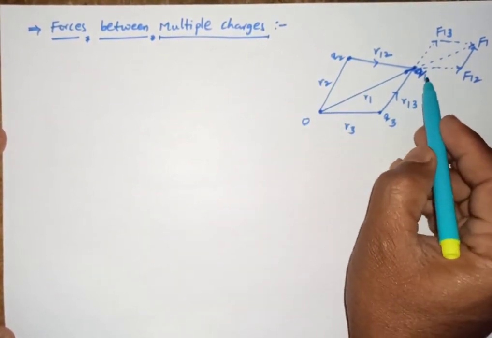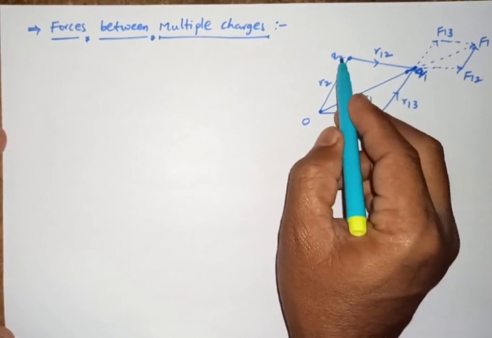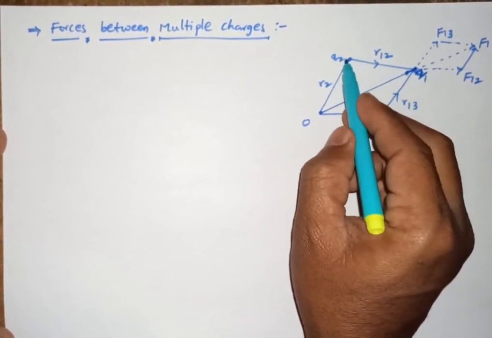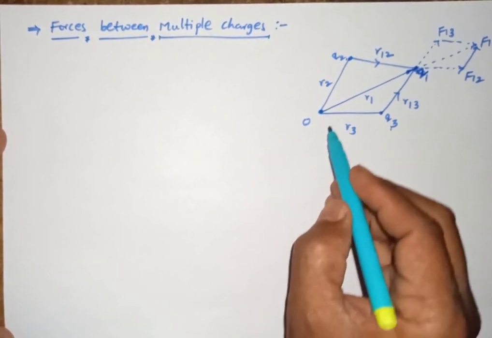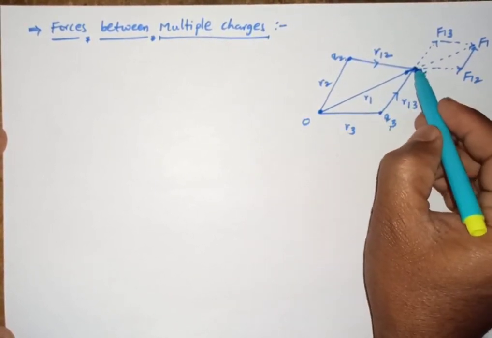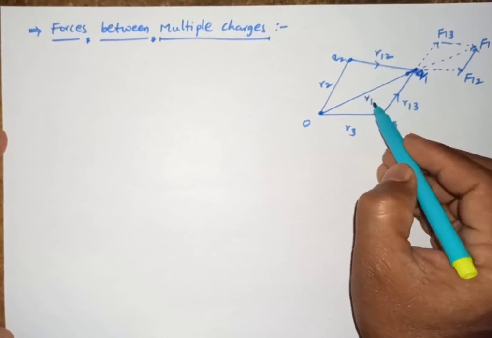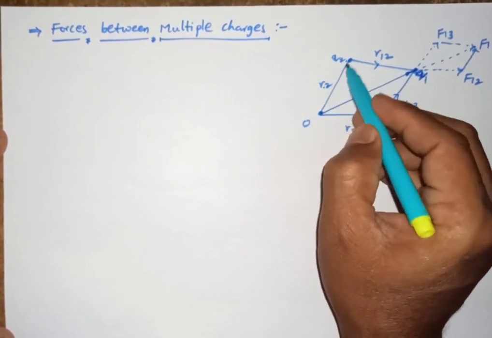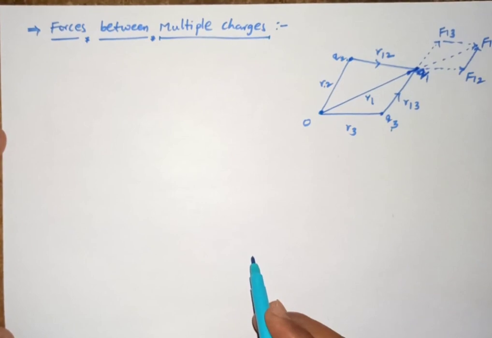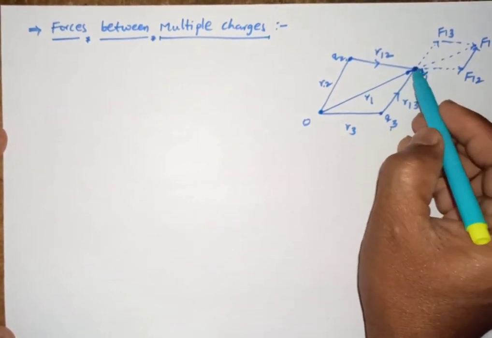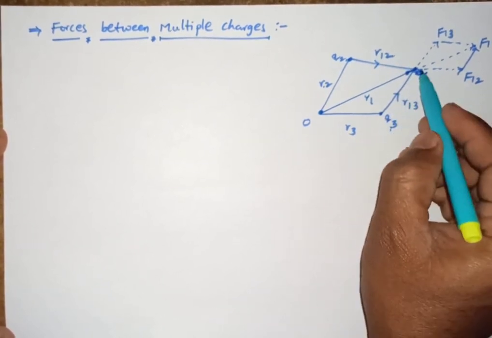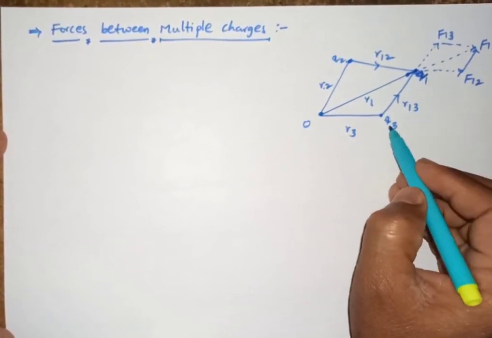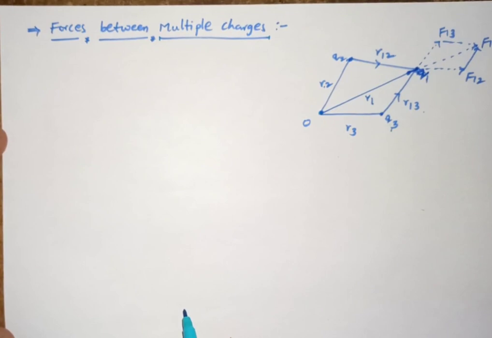For example, here q1, q2 and q3 are three charges, and this is the origin. From the origin the distances are r1, r2 and r3. The distance between q1 and q2 is r12, and the distance between q1 and q3 is r13.